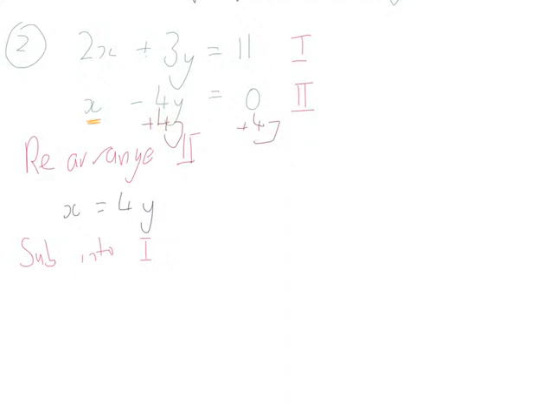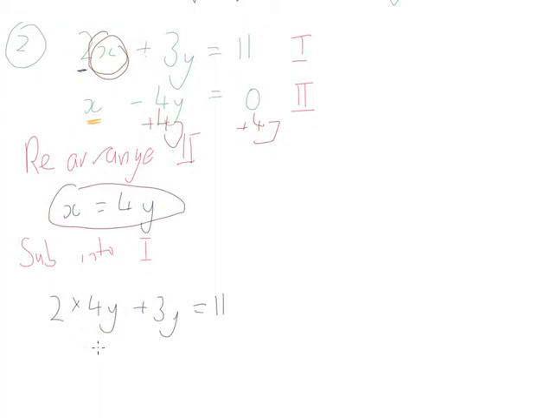When I substitute that in, x equals 4y, equation 1 then becomes 2, so the 2 there is still there. X, this bad boy here, I'm replacing with 4y. So it's 2 by 4y plus 3y equals 11.